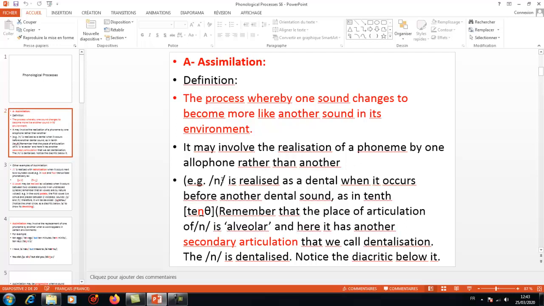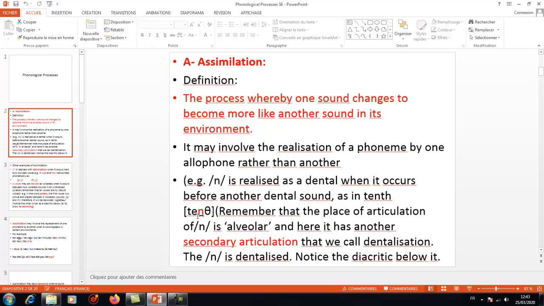For example, n is realized as a dental when it occurs before another dental sound, as in tenth. Remember that the place of articulation of n is alveolar, and here it has another secondary articulation that we call dentalization. The n is dentalized. Notice the diacritic below it here.